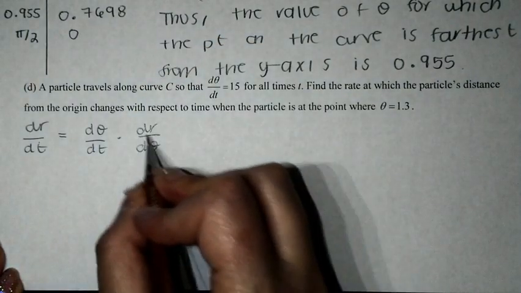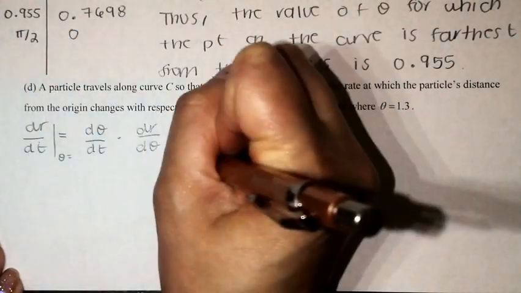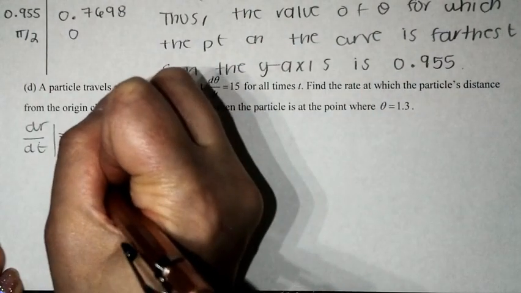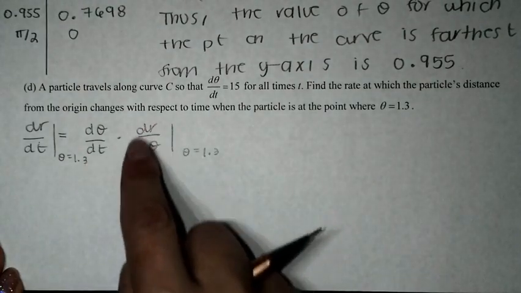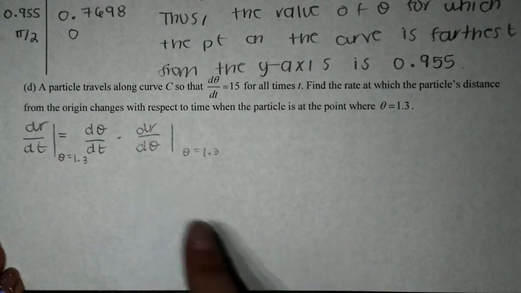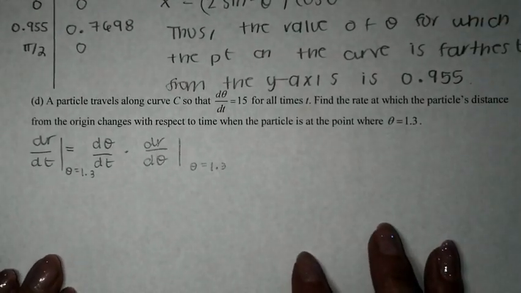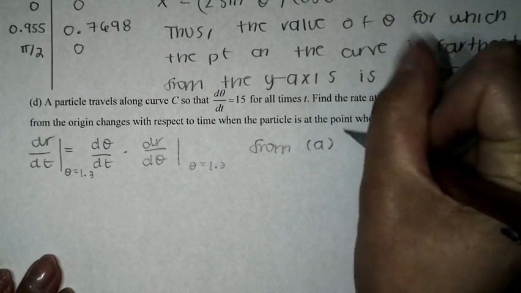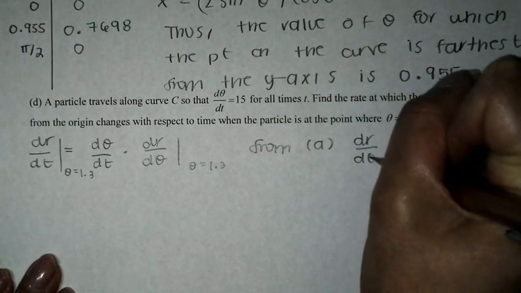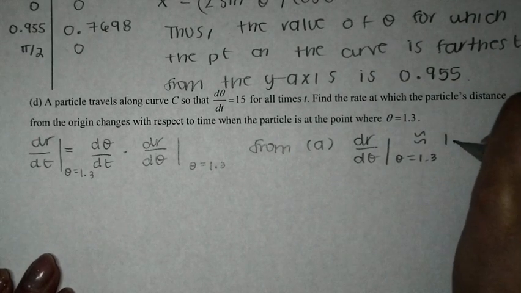If you evaluate each one of these at theta equal to 1.3, we do have that this is going to be 15, and this one specifically should look very familiar. Why? Because you found it in part A. Isn't that beautiful? So let's call it from A: dr d theta evaluated at 1.3 was roughly 1.031.